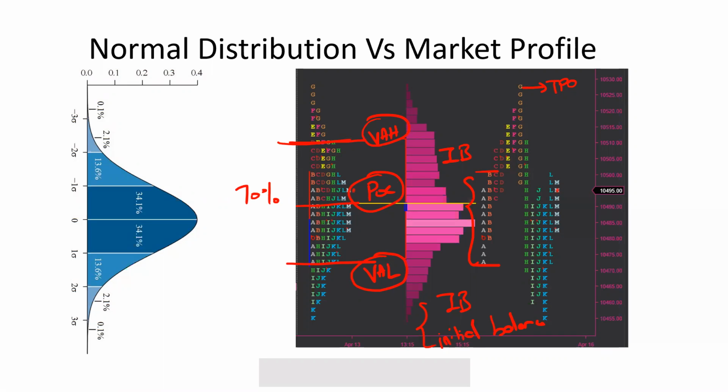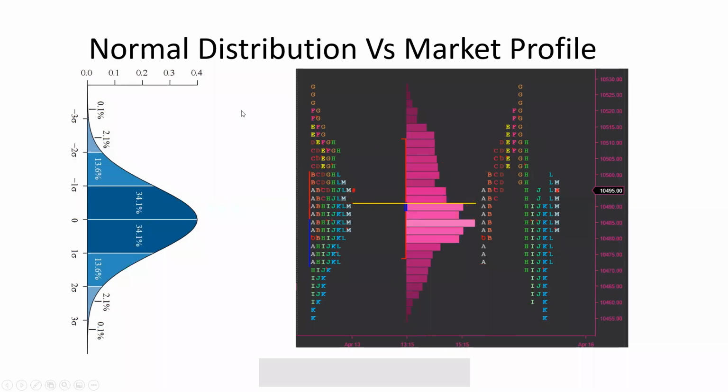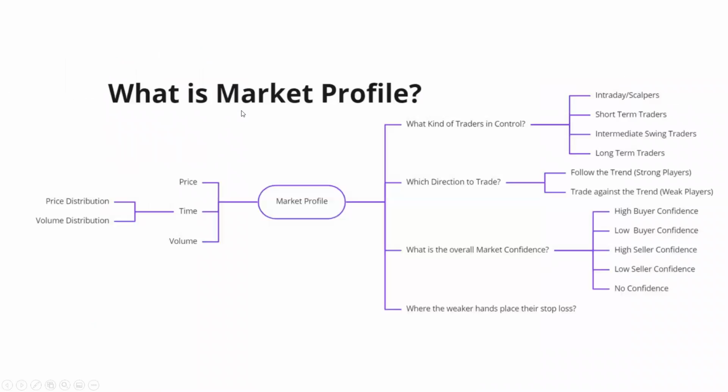So let me tell you what things I'll be watching from this context. Basically, I'll be looking for a couple of things. When I'm reading the market profile, I'll try to understand what kind of traders are in control. Am I dealing with intraday traders or scalpers? Or short-term traders? Or long-term traders?